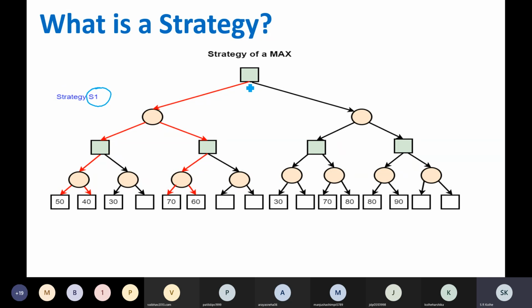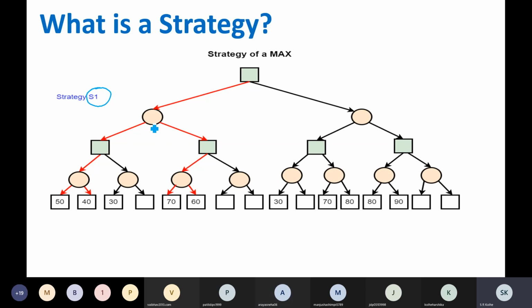So what is this strategy? Initially, max will start with its own move. Suppose max has made this move, then min, you do not have any control over min. So min can make either this or this. Which move will min make? A better move. What is better from min's point of view? The utility value should be less.